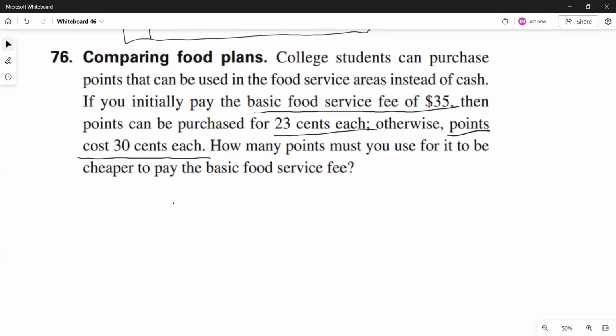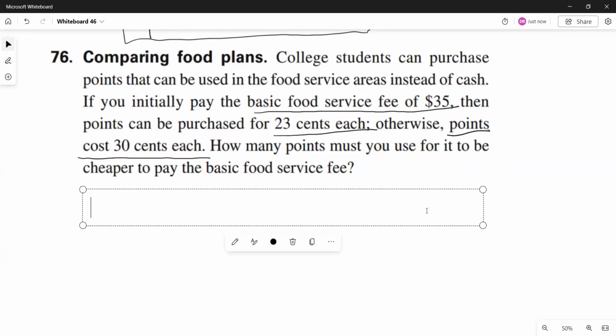Okay, so let y denote the cost of purchasing X points.